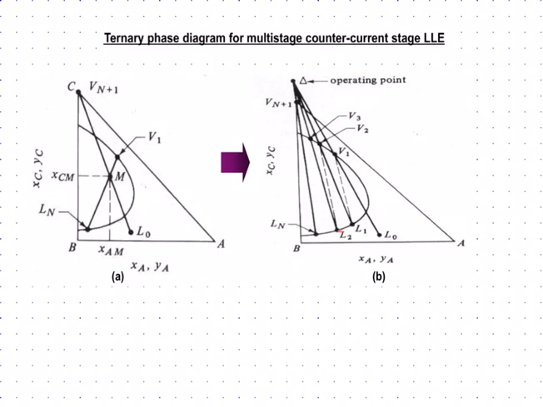Okay, so by having this, okay, so this is stage number 1, stage number 2, and then you're going to have more stages, alright? So I'm going to explain how you relate this particular tie line so that you can get number of stages, okay? For this slide, I need you to understand how to draw and to get your operating point, okay, for multiple stage counter current LLE.